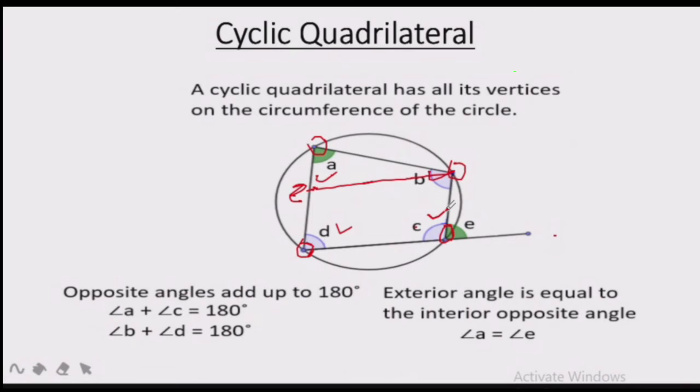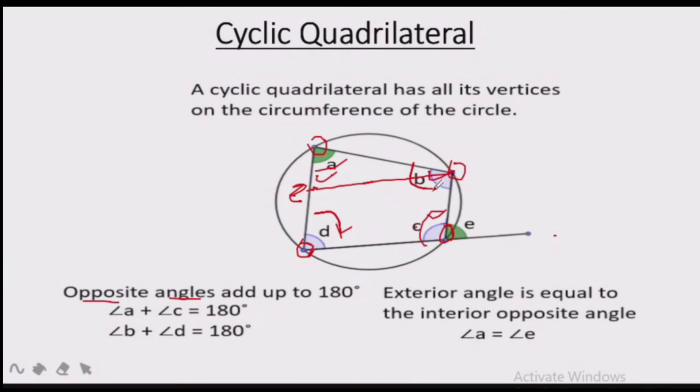They say opposite angles add up to 180 degrees. Meaning, angle A and angle C put together would give you 180. Angle D and angle B put together will give you 180.